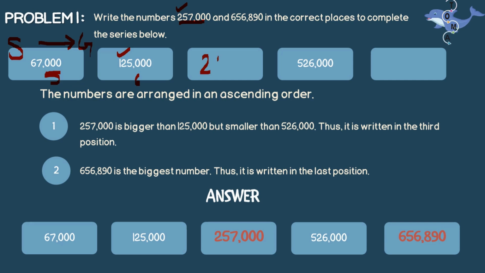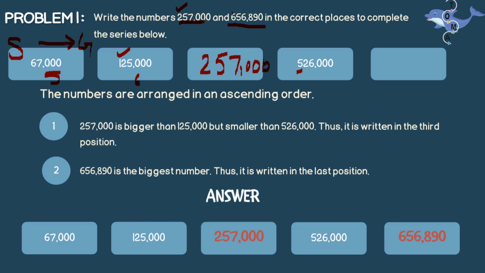Yes, 257,000 over here, and this number is already written over here. By comparing, this is a 6-digit number, this is also a 6-digit number. So 5 from 5 and 6, which is bigger? Yes, this one is bigger.